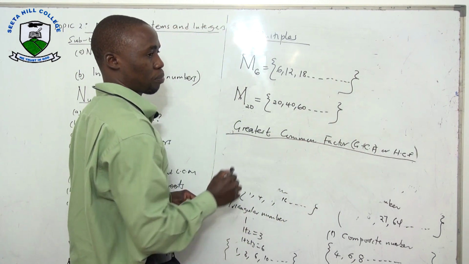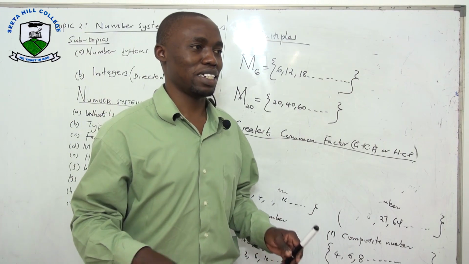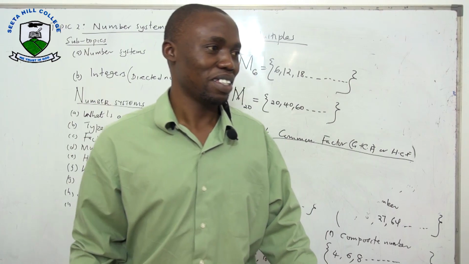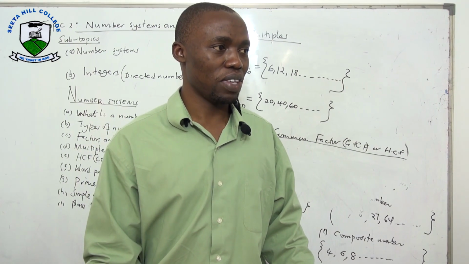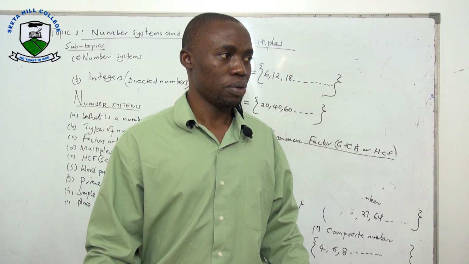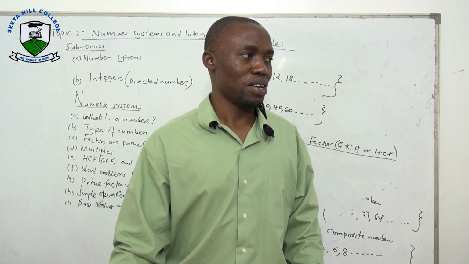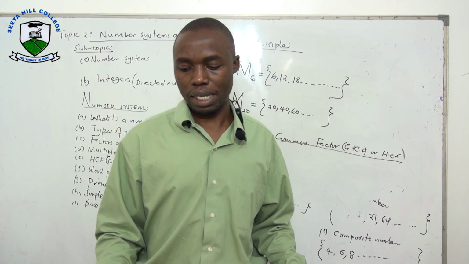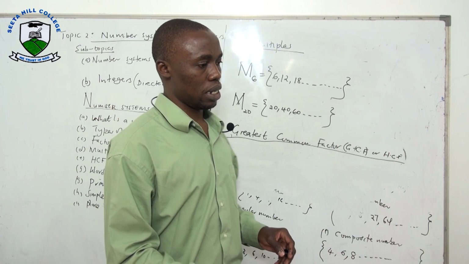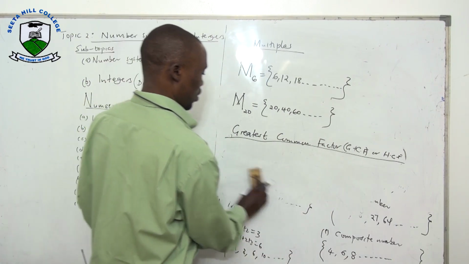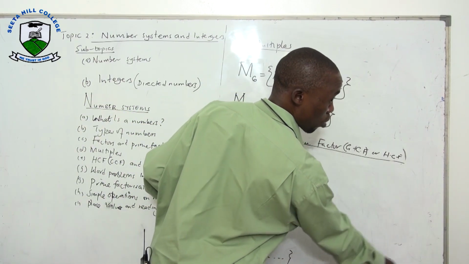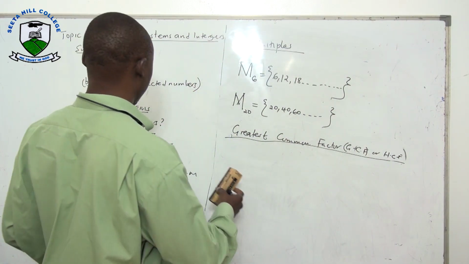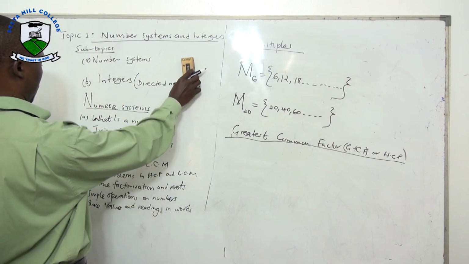I would like an illustration. You think there are two methods? Okay, let me pick a number. You come and give us the HCFs. Yes, each one demonstrates one method.